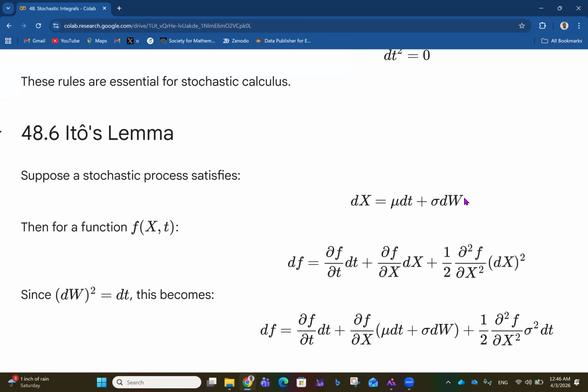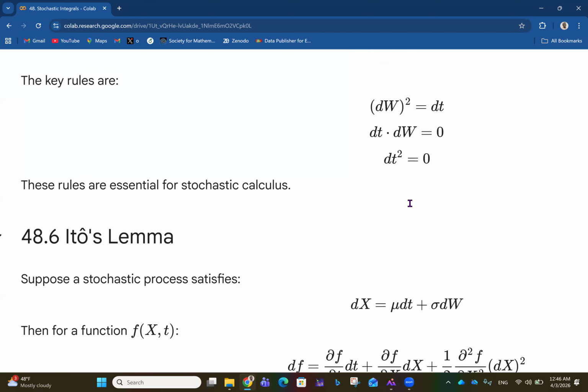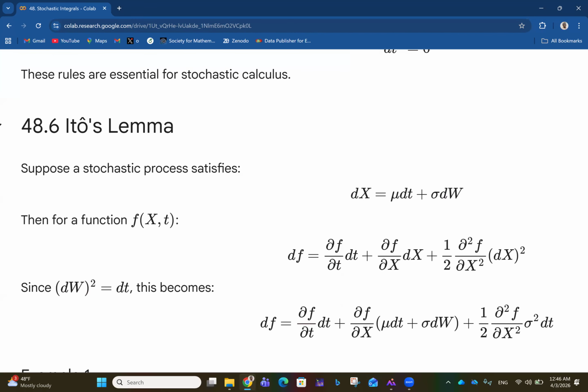So if you square the whole of this and throw it in here, you're definitely going to have dt squared, and that ends up being 0. So you're only going to end up with sigma dw squared. And dw squared is dt, and that's why you have this expression left right here. And that is the idea of Ito's lemma.